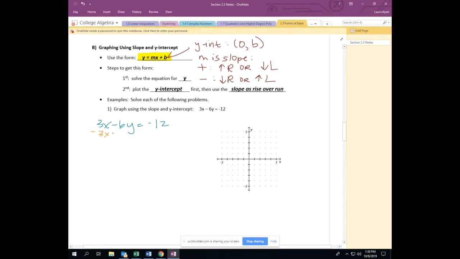So I'm going to subtract 3x over, and I'm going to put it in front of the negative 12 because that's where it's supposed to go. It comes first. Negative 6y equals negative 3x minus 12. Then I'm supposed to isolate my y, which means I have to divide everything by negative 6.